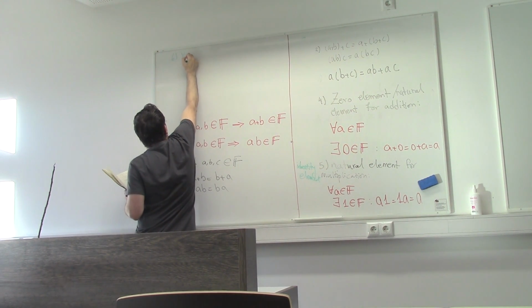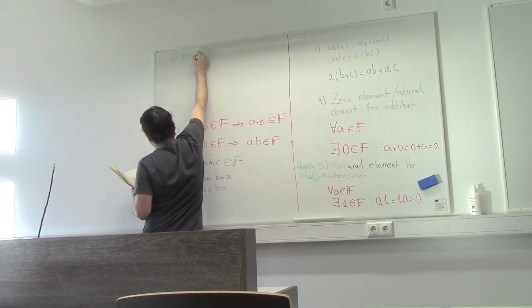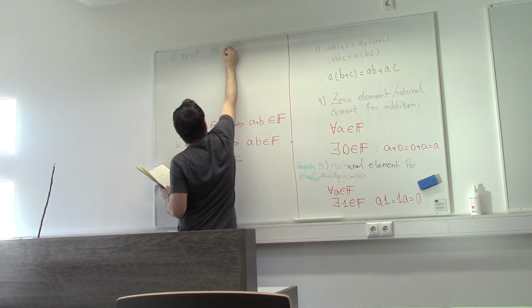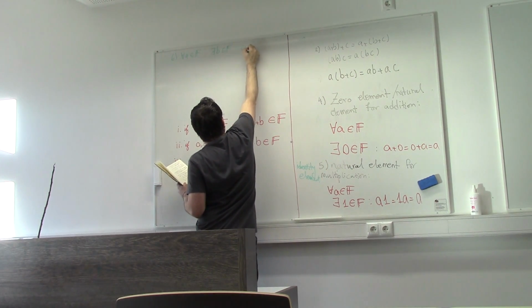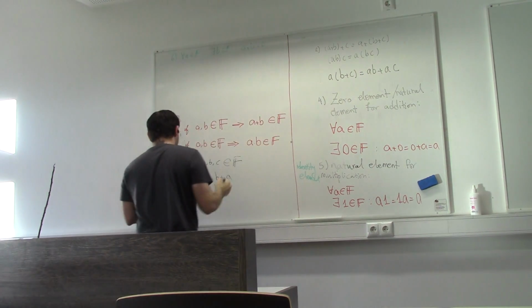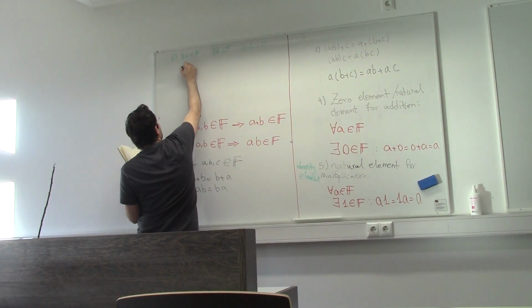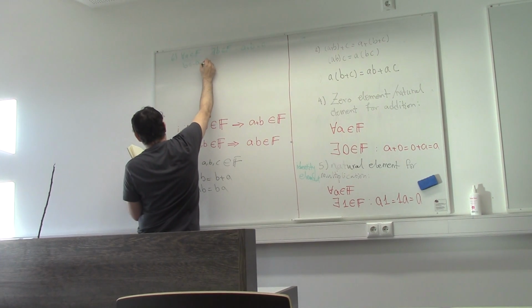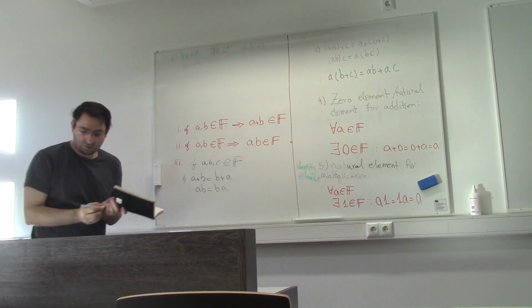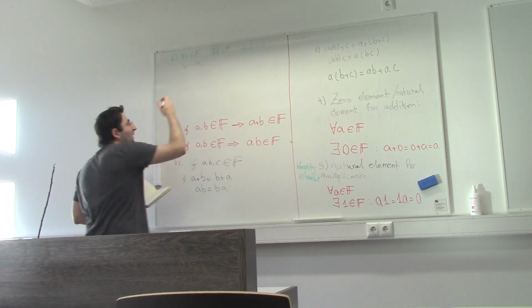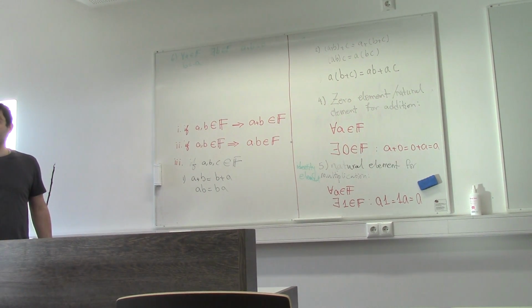So for any A belonging to F, there exists a B in F such that A plus B is equal to 0. And we show that B is minus A. What is the name that we use for B?